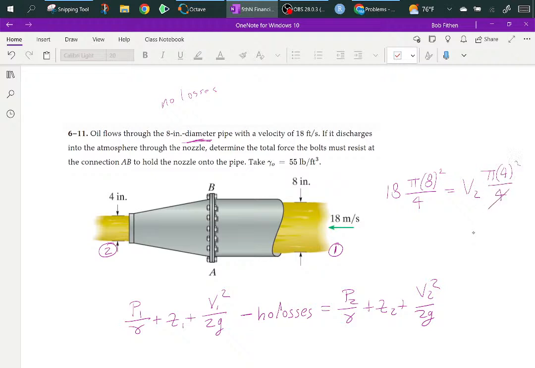Go ahead and cancel those, and then V2 will be 18 times 8 squared over 4 squared, which is actually just 2 squared.